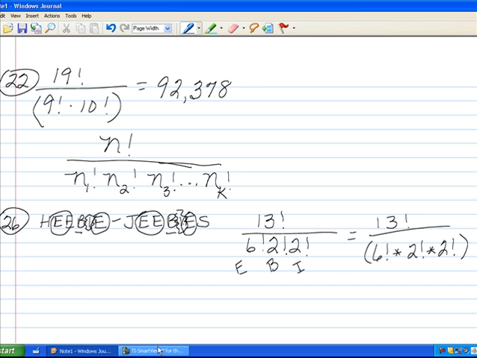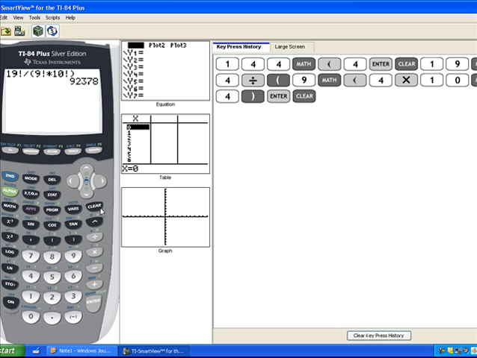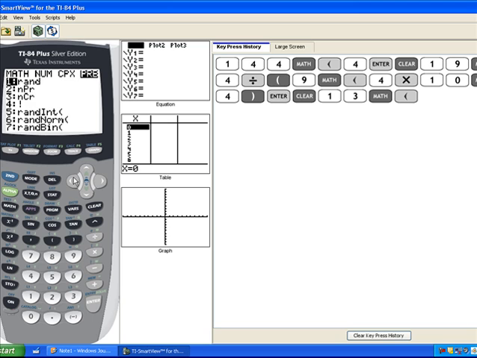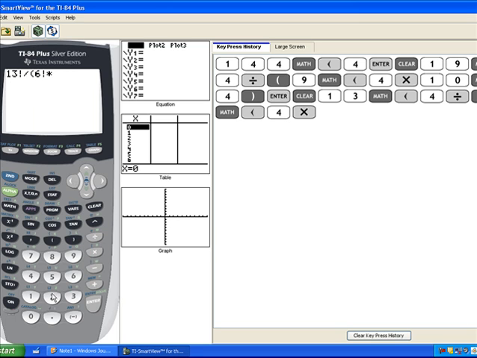Okay, so let's go to our calculator. Okay, I'm going to clear it. So I'm going to do 13 factorial divided by, and I'm going to put parentheses around the denominator. I want 6 factorial times 2 factorial.